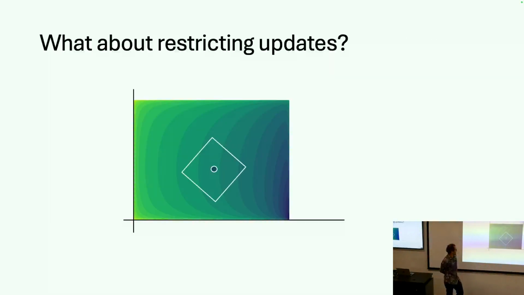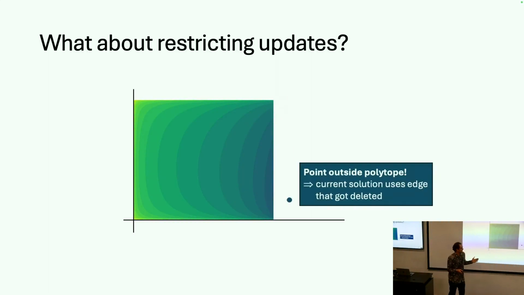So what about restricting updates or edge deletions? We could try to run the same framework that we were running before, but here something really bad is going to happen. We're going to end up with a point outside the polytope, which just means that our current solution is going to use an edge that got deleted.